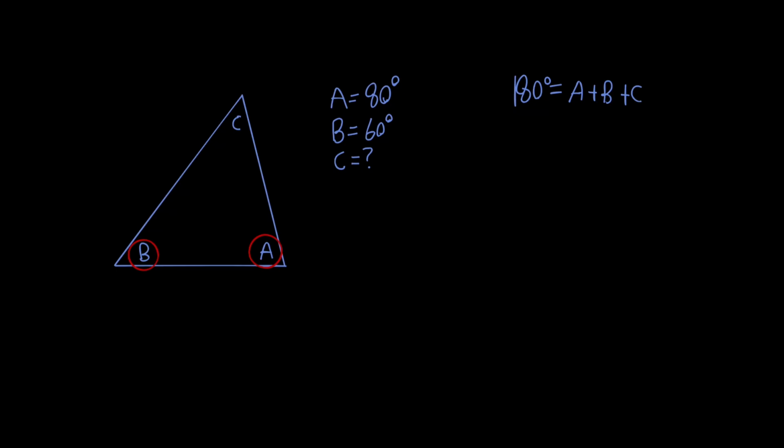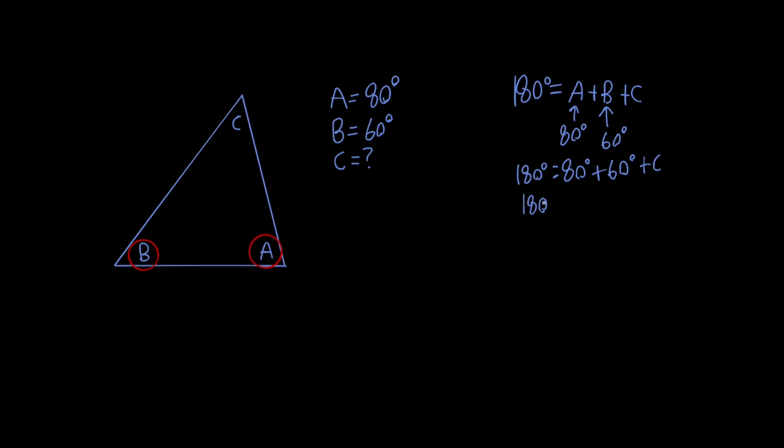Okay, so to start on the calculation itself, we're going to first off substitute A as being 80 degrees and B as being 60 degrees. So that's going to give me 180 degrees is equal to 80 degrees plus 60 degrees plus C. Now what we want to do is add 80 and 60, which is going to give me 140.